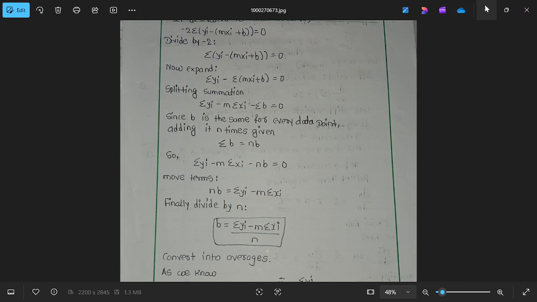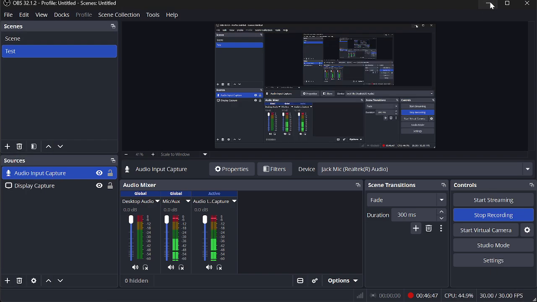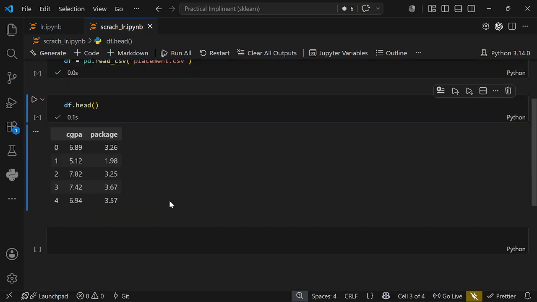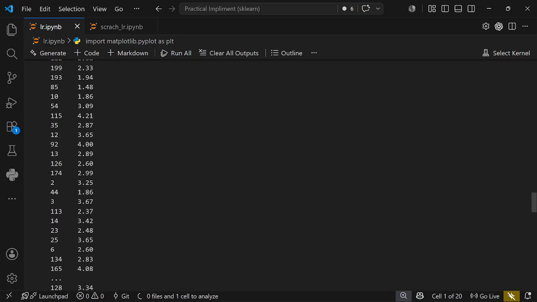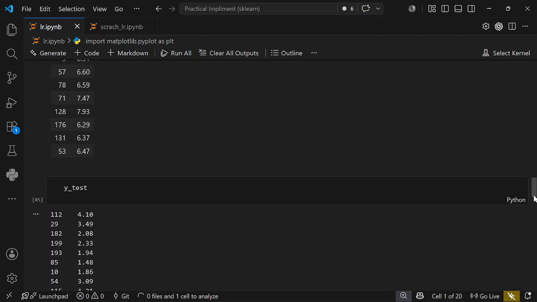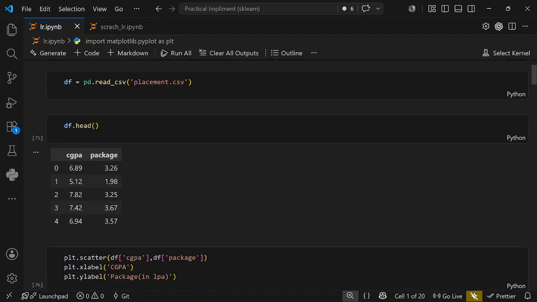So let's do this in our code. Let me take you into the code and show you how the linear regression model will help you to calculate this. We have taken here the sample data of placement.csv.